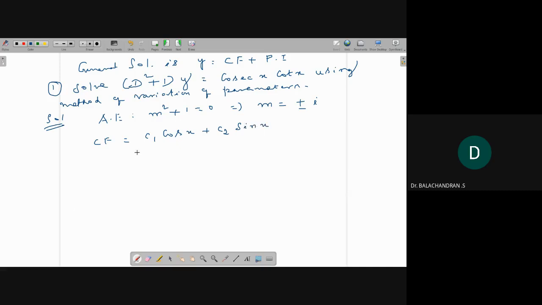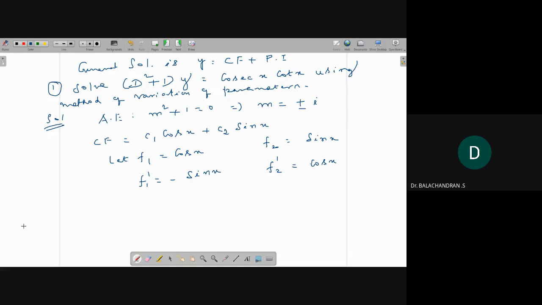Now let us take F1 equal to cos x and F2 equal to sin x. Now find F1 dash, which is minus sin x, and F2 dash, which is cos x.